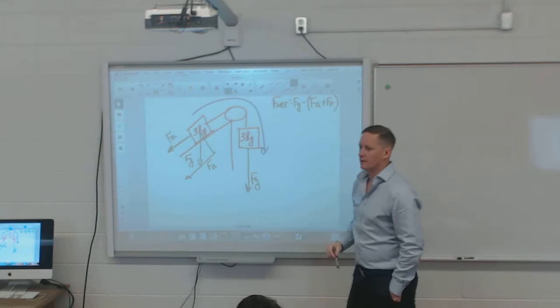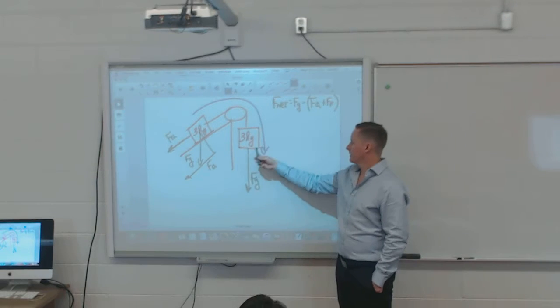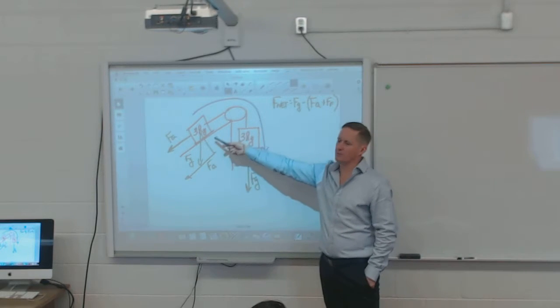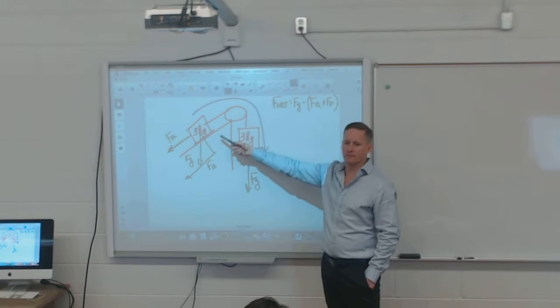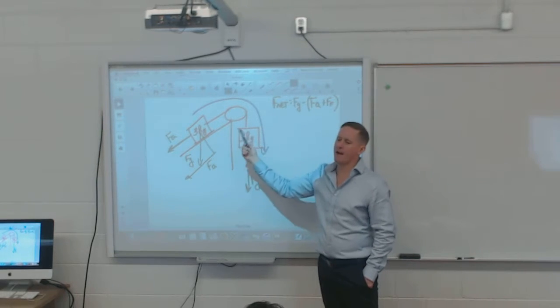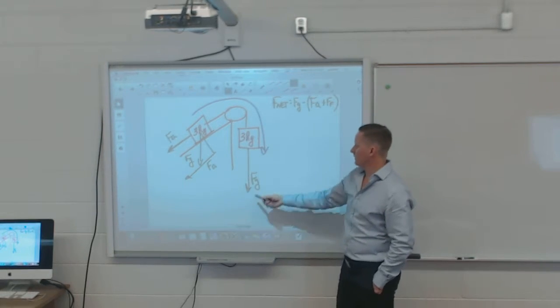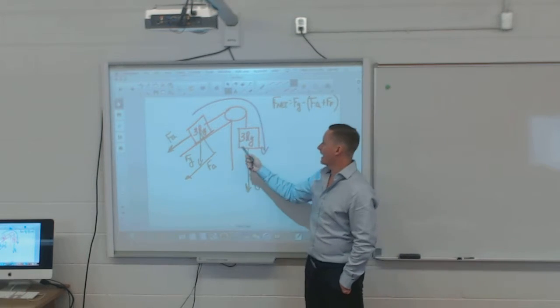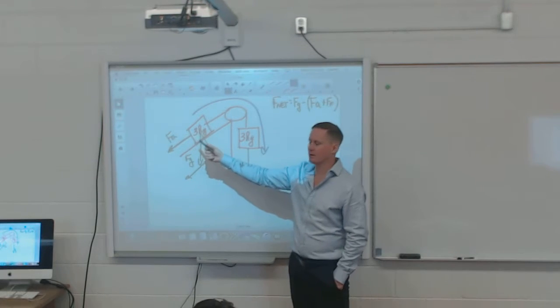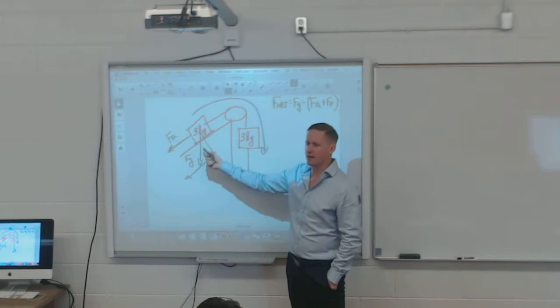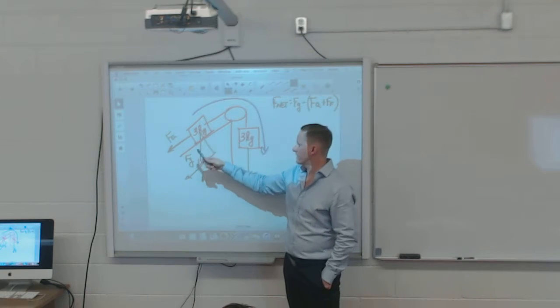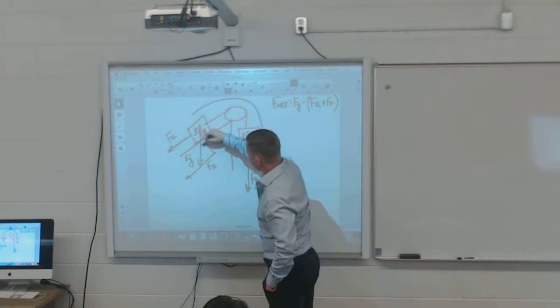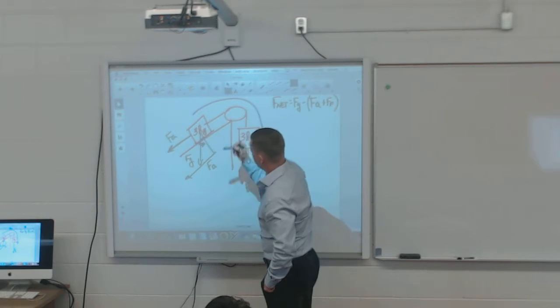Right? Unless this force was somehow smaller than those two forces there. But because of the same masses, you can clearly see that the force of gravity has to be greater than the applied force. Because the force of gravity is the same here, the applied force is half of that because this angle is 30 degrees.